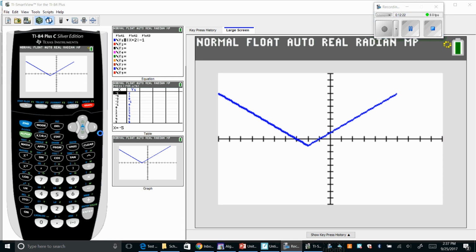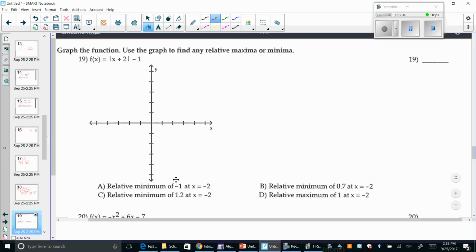You would push second trace and then do minimum, but I can look on here and tell this minimum value is -1 when x is -2. That -2, -1 is my minimum point. So there's a relative minimum of -1 at x equals -2. That's the only one that has a minimum that's a negative number. So that's going to have to be my answer.